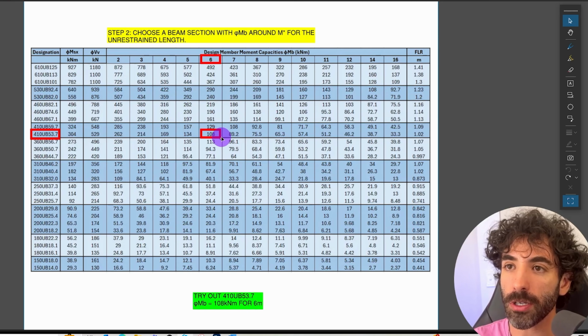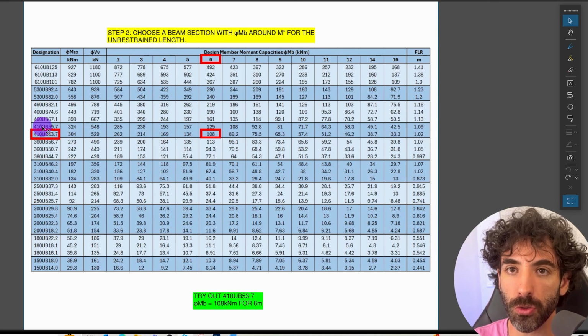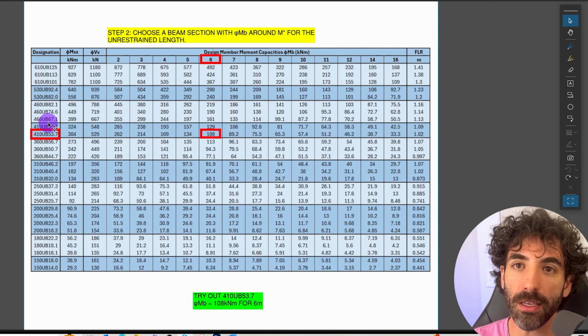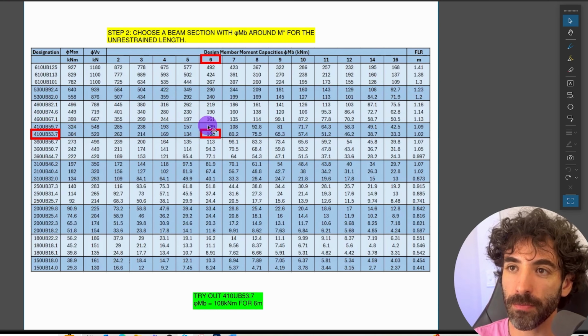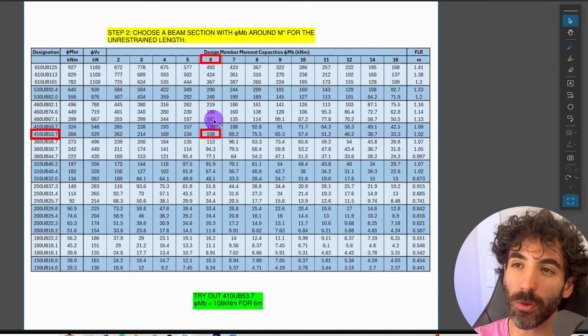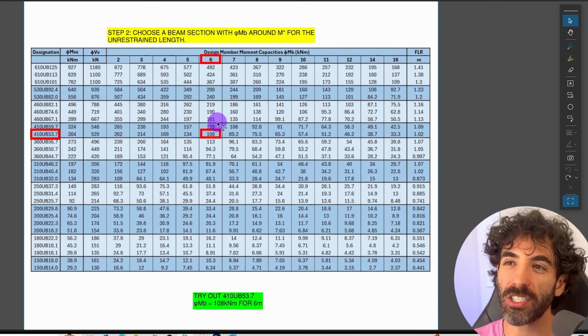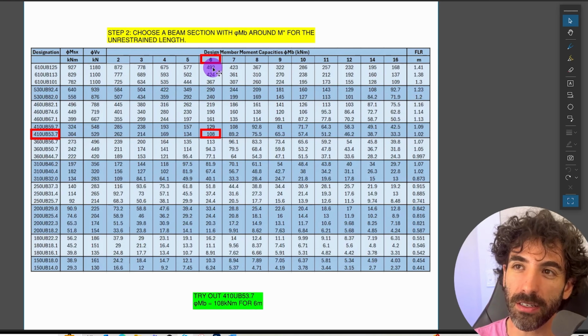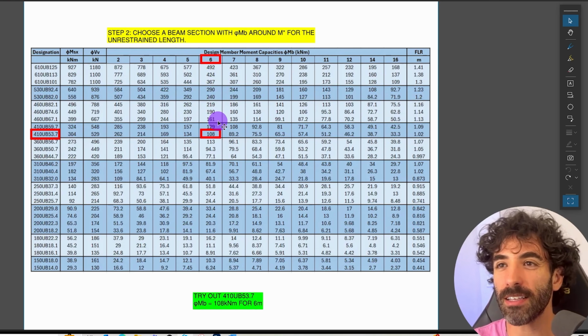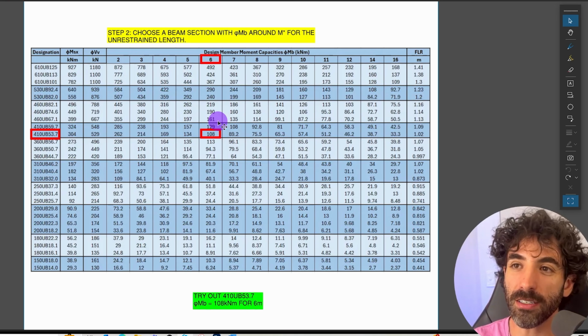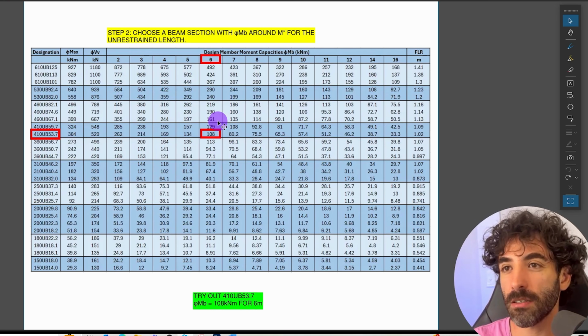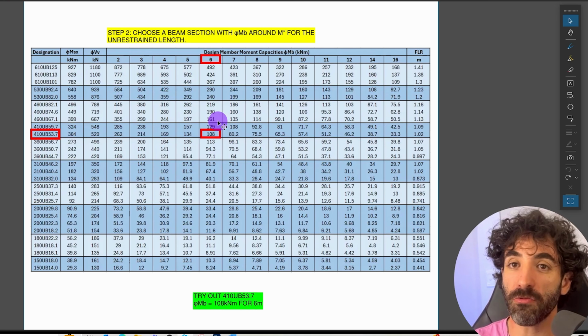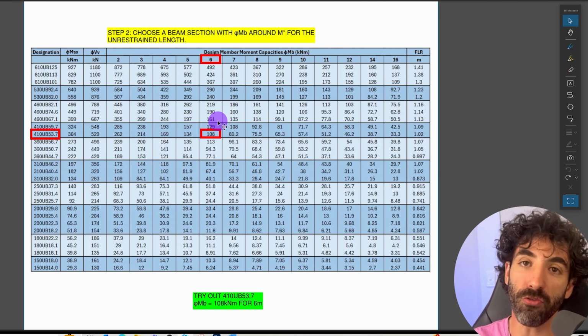So you could come back here and probably just choose a 460 UB 67.1, and that gives us 161 kilonewton meter. So let's say for a 6 meters unrestrained length. So I would say that, for 6.14 meters unrestrained length, that should be alright. I could finish my calculations here and move on.